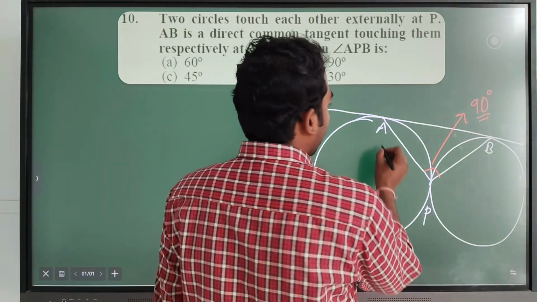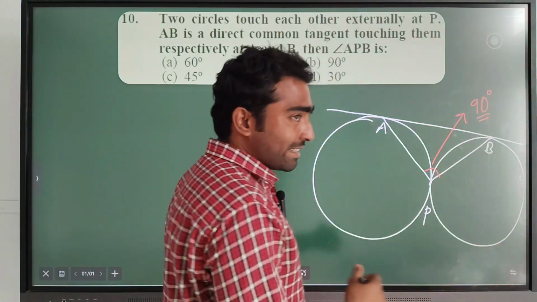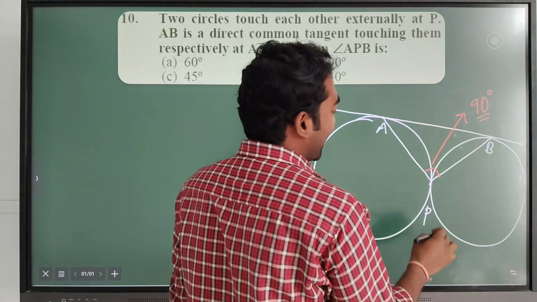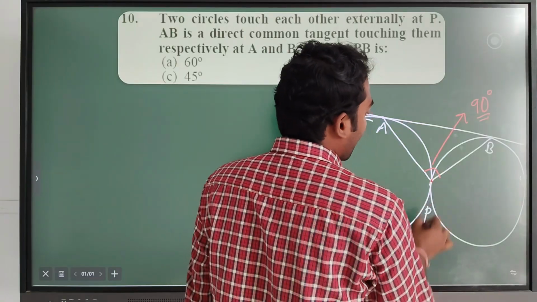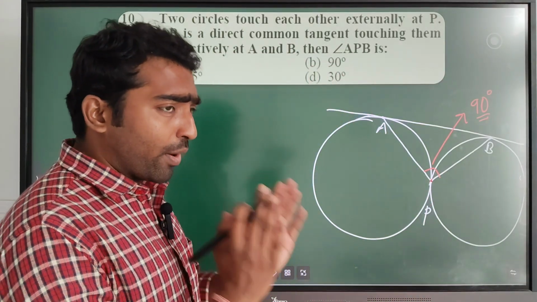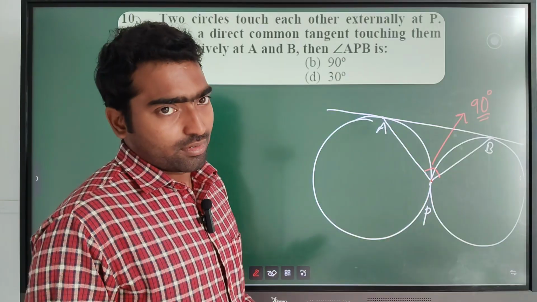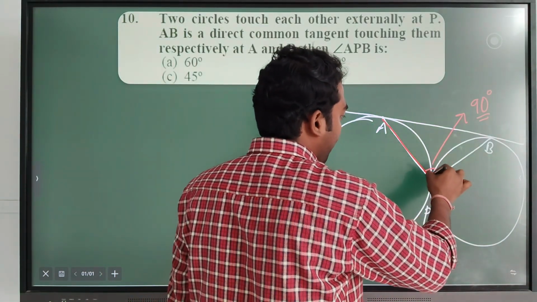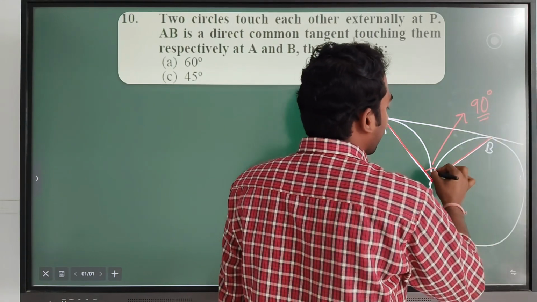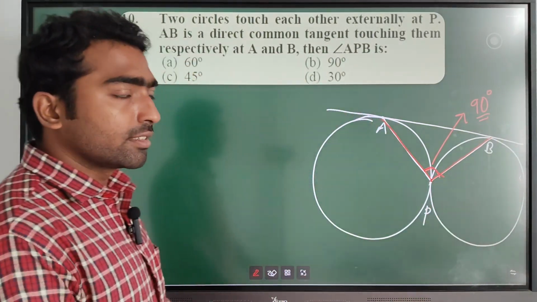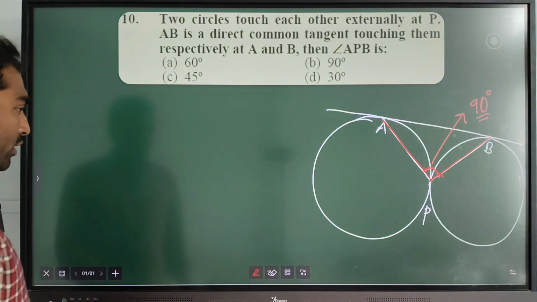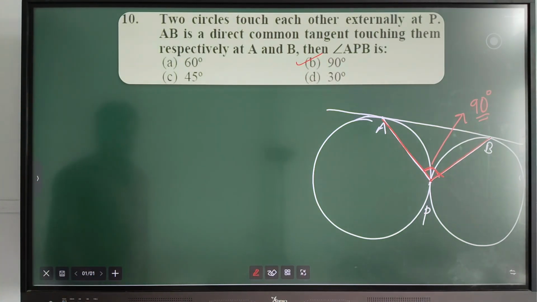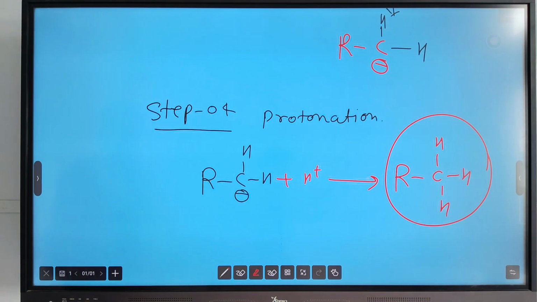If AB is any common tangent and P is the point where the two circles touch each other, then this angle APB is equal to what? It is equal to 90 degrees. This is the theorem in your class 10th, so we are not going to discuss this. So option B is the correct answer. We are moving to the next question.